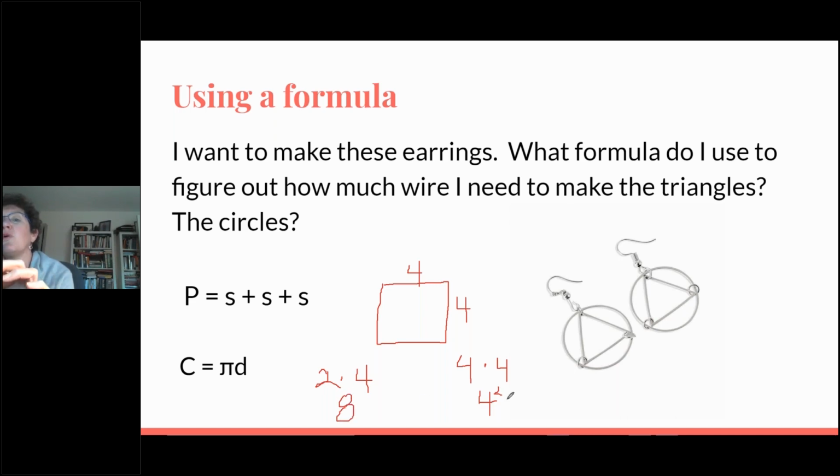That's totally different. So yes, keep reminding yourself: 4 times 4, 4 squared, is a totally different thing than 2 times 4. Okay.